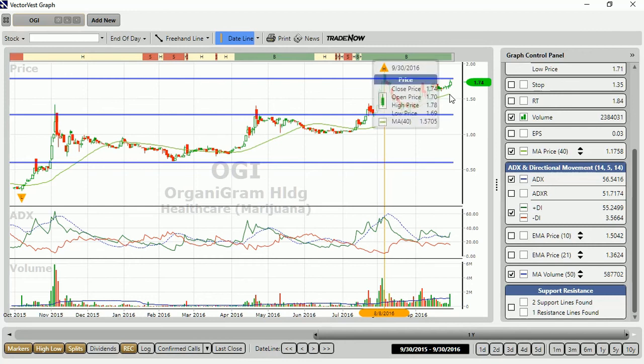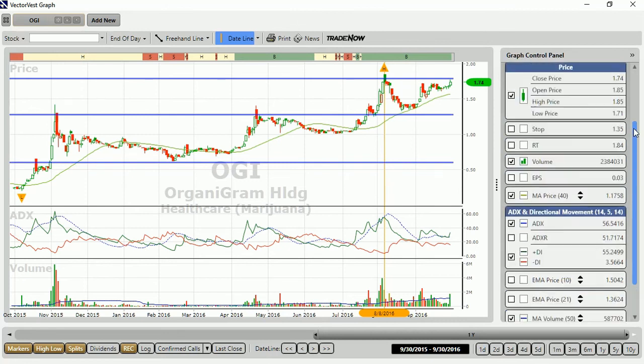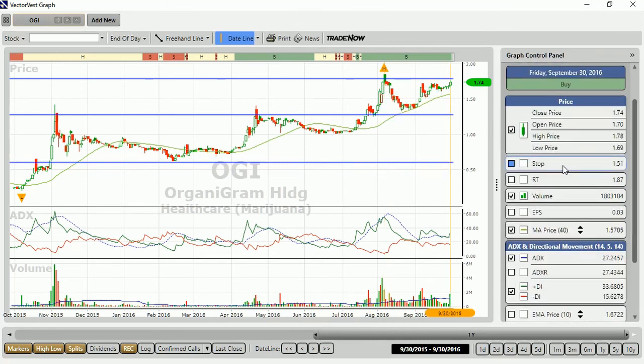So that would be another potential stop. If the price falls below that moving average price of $1.57, that could be your stop. And we also have the VectorVest stop price once I get the date line over to the right edge. The stop price over here you can see is $1.51. So that would be another potential stop.